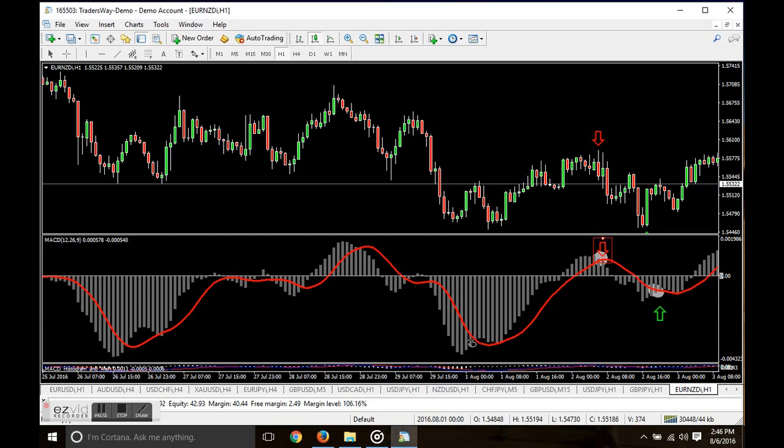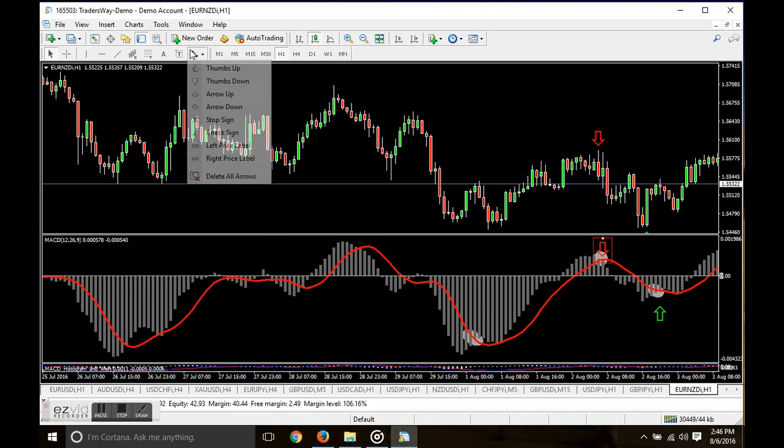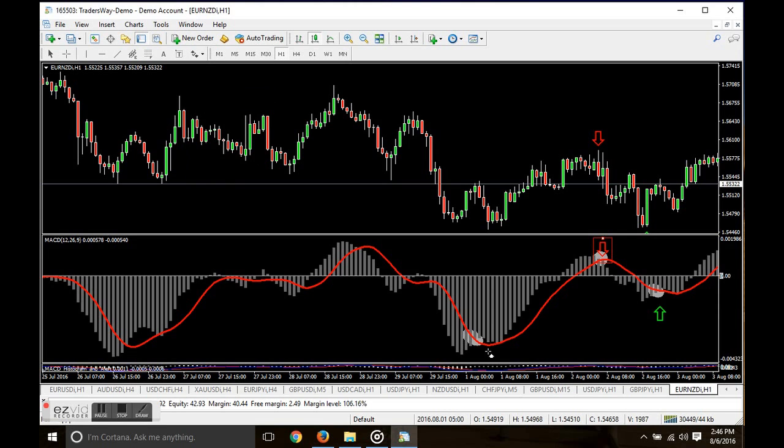Over here, as you can see, I'm going to go ahead and circle another area of significance. There. Go ahead and make that a little bit bigger. And then put an arrow there.